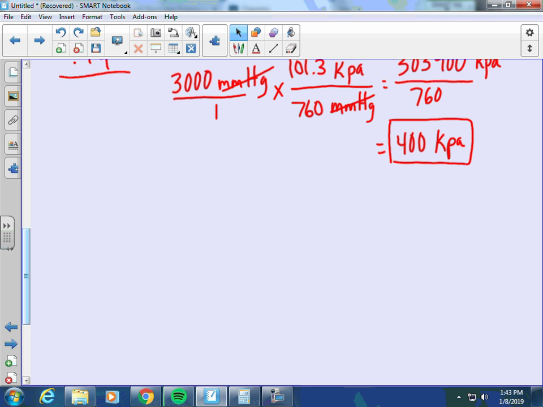So when we talk about gases in science, it's important to establish a standard environment in which we're working with these gases. We call that standard temperature and pressure.